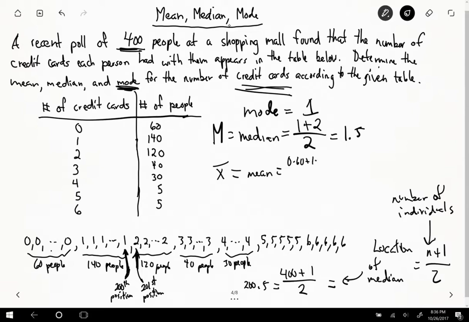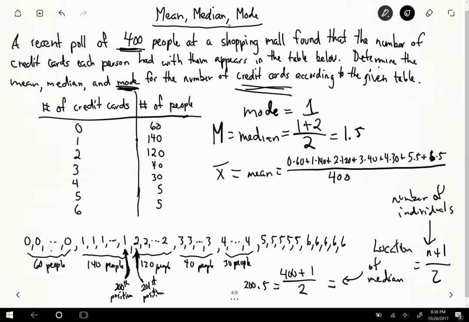If I have 140 of those, so 1 times 140 plus 2 times 120 plus 3 times 40 plus 4 times 30 plus 5 times 5 plus 6 times 5. And all that's divided by, well, how many individuals do we have here? Well, we have 400 individuals. And you can see that from the 60, the 140, 120, and so on.